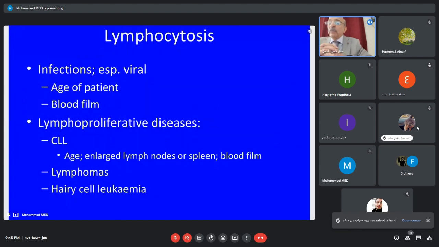Look for enlarged lymph nodes or spleen, as we said earlier, and the diagnosis in this particular case was lymphoma and hairy cell leukemia. You know, lymphoma and chronic lymphocytic leukemia are not too far away from each other. Many cases of lymphoma ultimately will end into lymphocytic leukemia. Next slide, please.